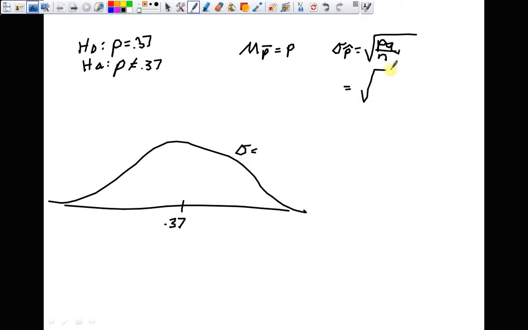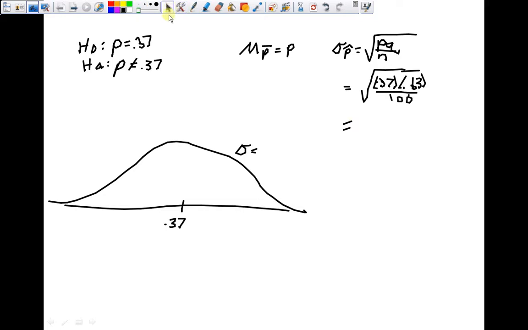That is 0.37 times 0.63 divided by 100. So let's take a look at what our standard deviation is.